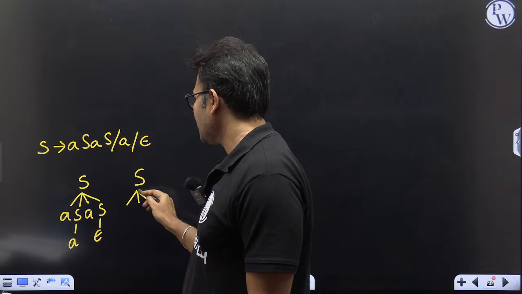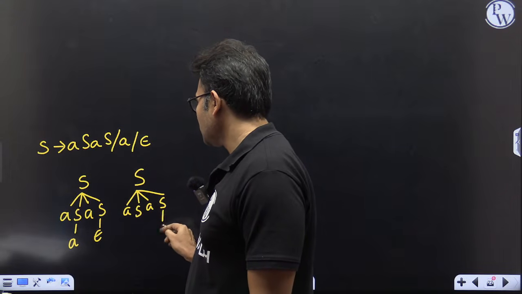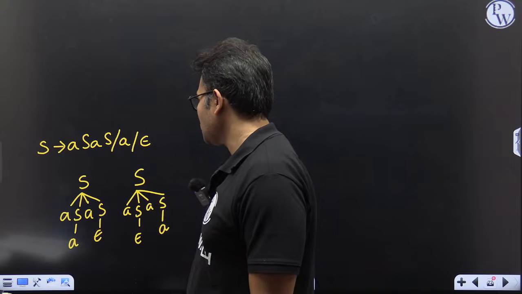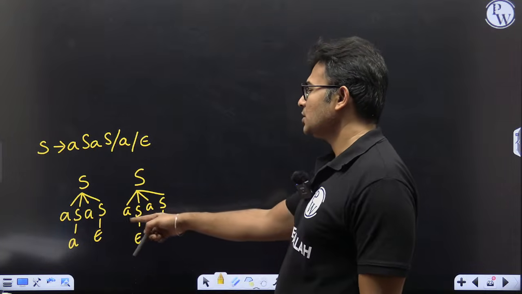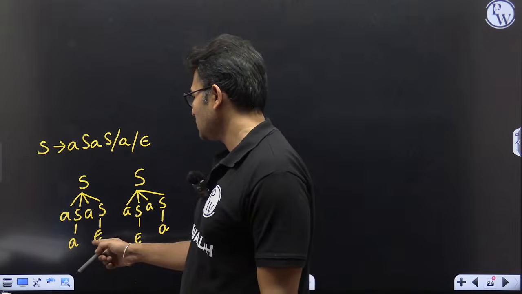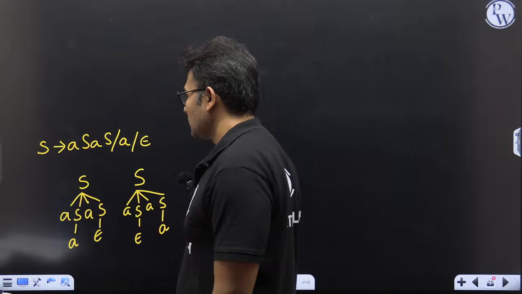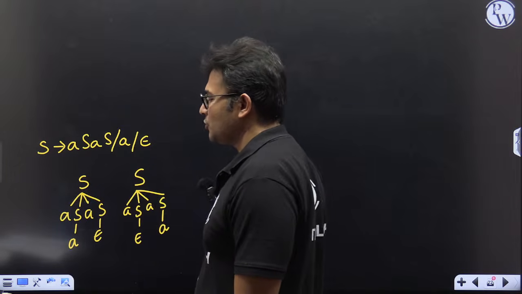Now S derives A directly. Right? So we got A here, A here. For A, we got two parse trees. So the grammar is ambiguous.